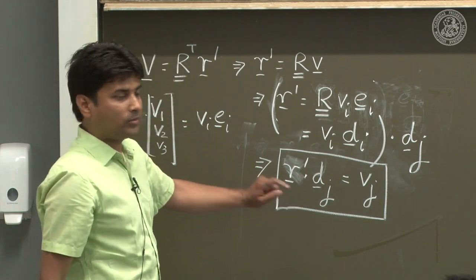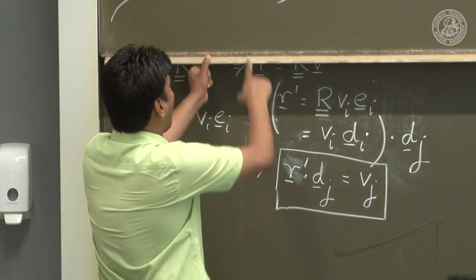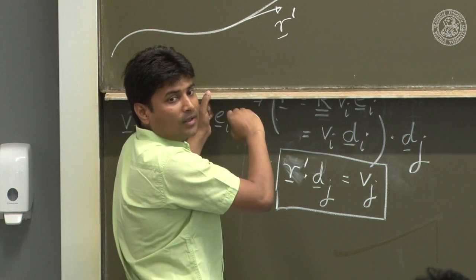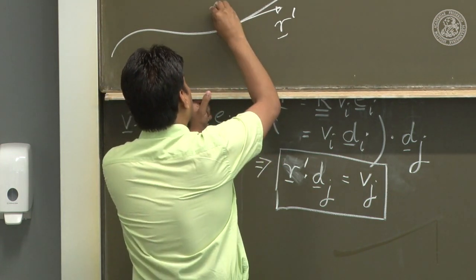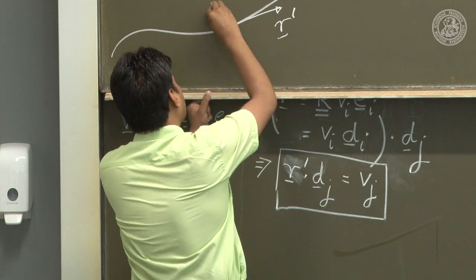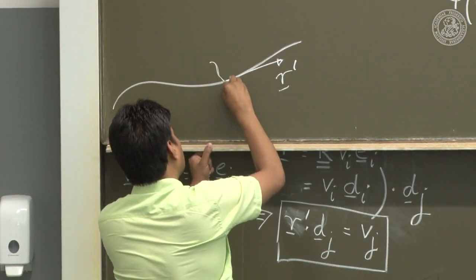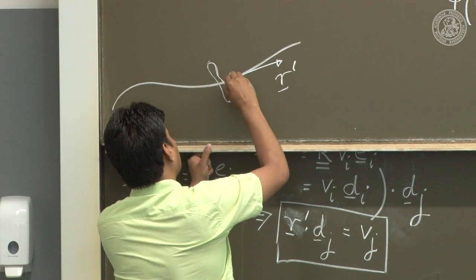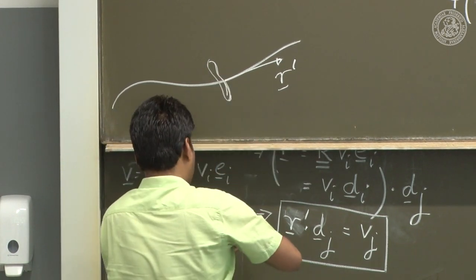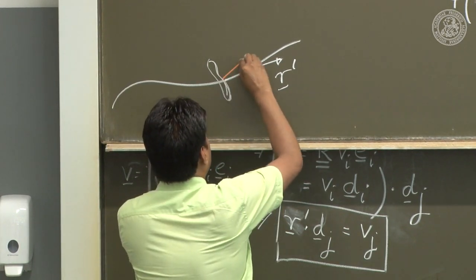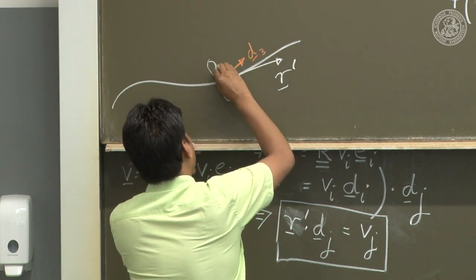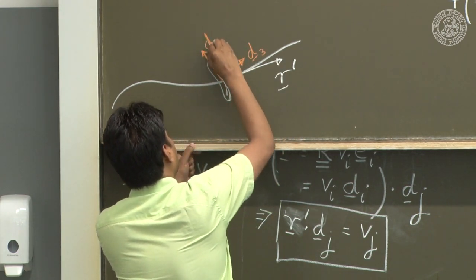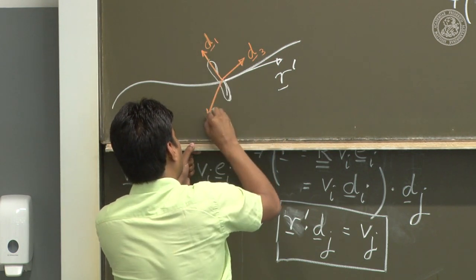So you see what's the meaning of this? You have your r prime vector here, and think of the local basis. Let's say this is a cross section. That's your D3, that's your D1, and then your D2.